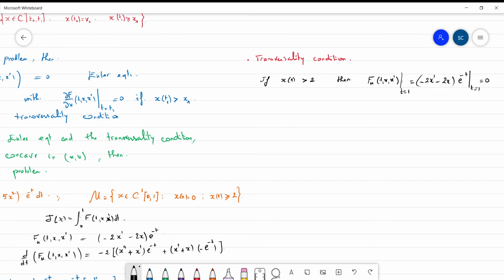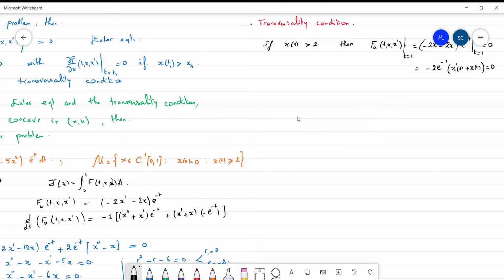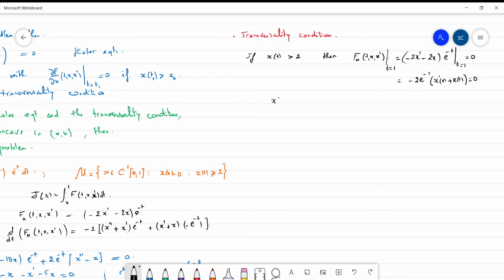That is minus 2e^(-1)(x prime(1) plus x1) equals 0. So what is x prime? We have the general solution, written in the form a e^(3t) plus b e^(-2t).